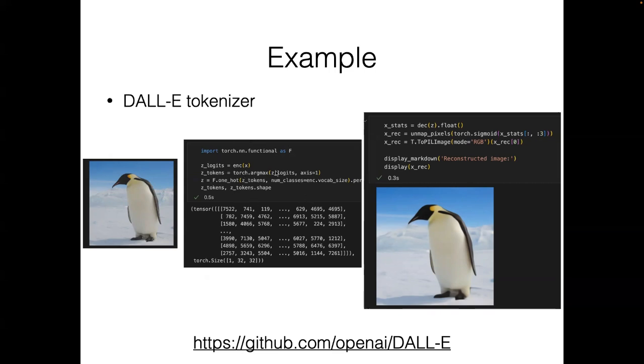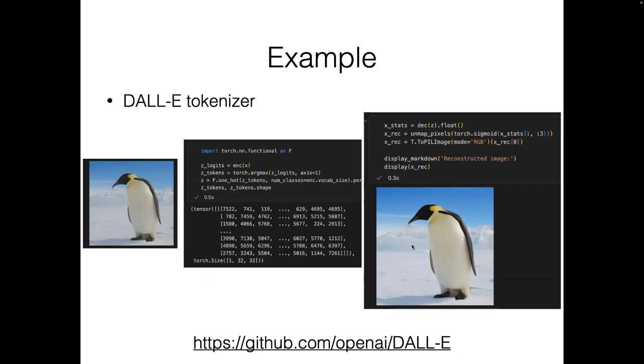Here they have a notebook that you can run. Here I just modified it so you can print out the actual tokens. You can see they're running this encoder, then here are the actual tokens corresponding to this image. Then they pass it to the decoder, and it's able to reconstruct the image given just the discrete tokens.